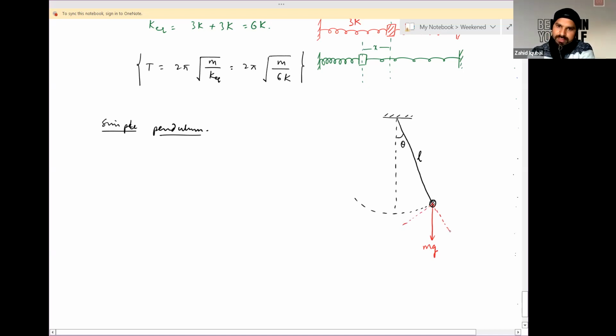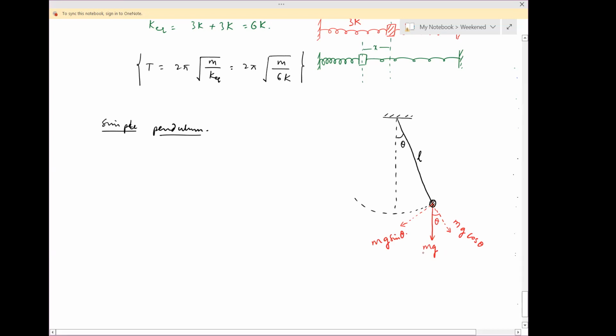One will be along this way and the other will be along this way. So this will be theta. So component of mg along this direction will be mg cos theta, and component of force towards this direction will be mg times sine theta. Matthew, is it clear?